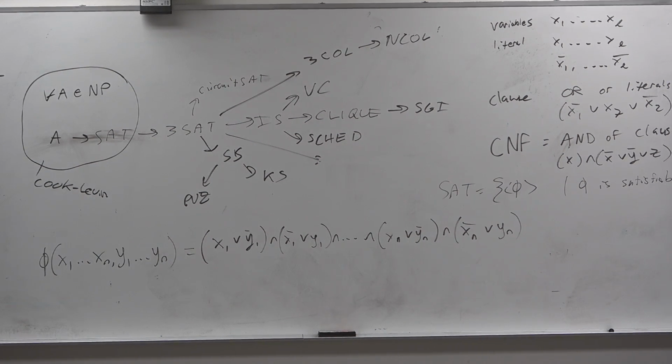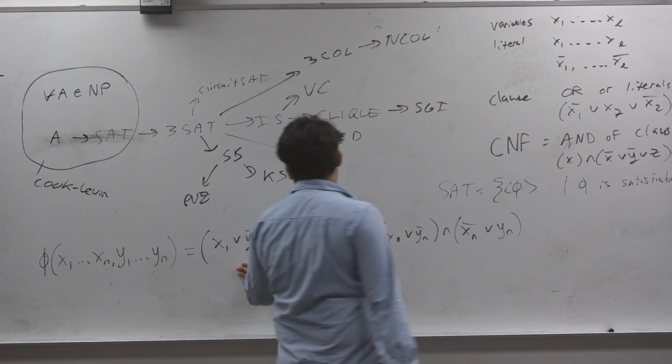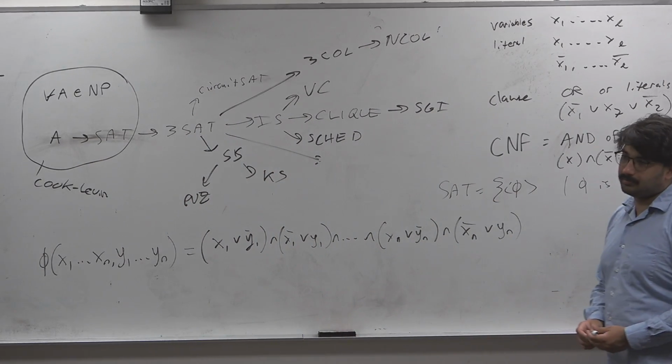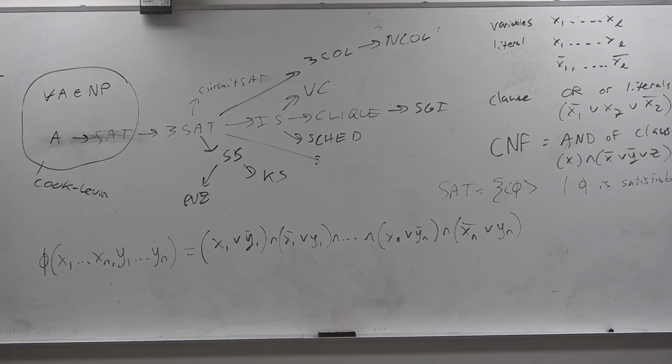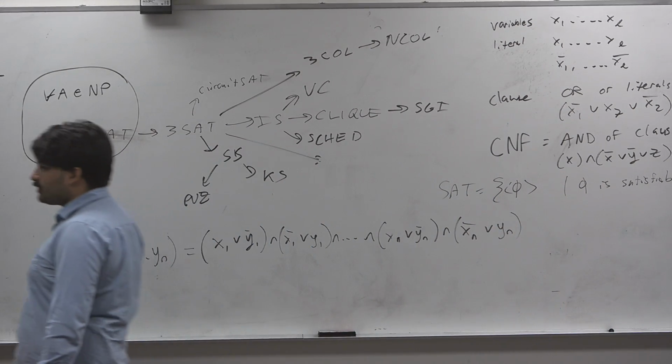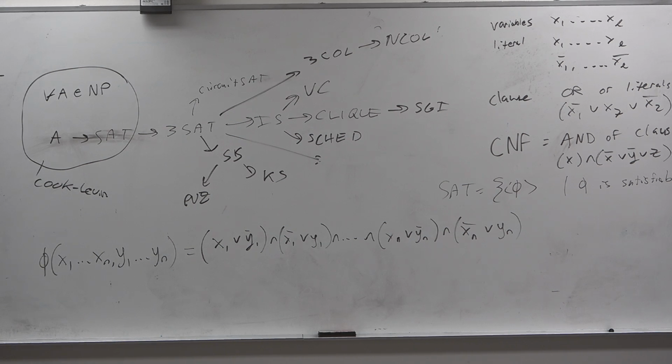If you forget the n for a second, and just focus on these first two clauses, x and y are tied as the same value. Yes, x must equal y. If x is 1, y must be 1. If x is 0, y must be 0. So if you generalize for n, what possible satisfying assignments does this have?